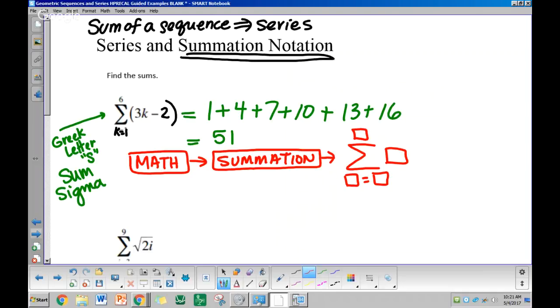Now you're going to type in, and you can use X if you want, 3x minus 2, comma, you tell it the variable, which is X, and then where are we starting? 1, and we're stopping at 6. It was so fast, wasn't it? Everybody got it?